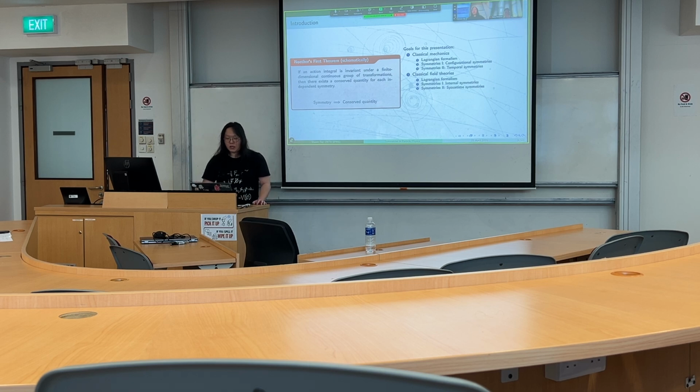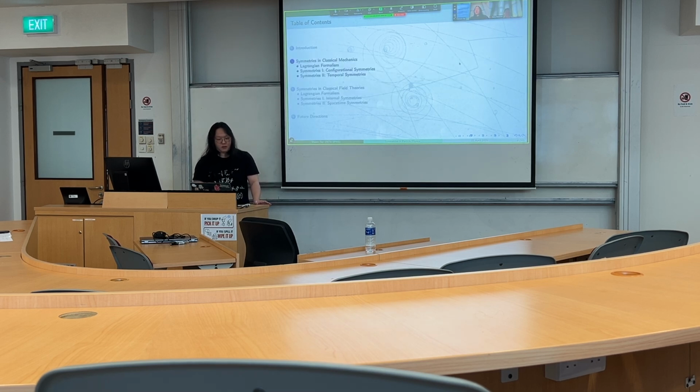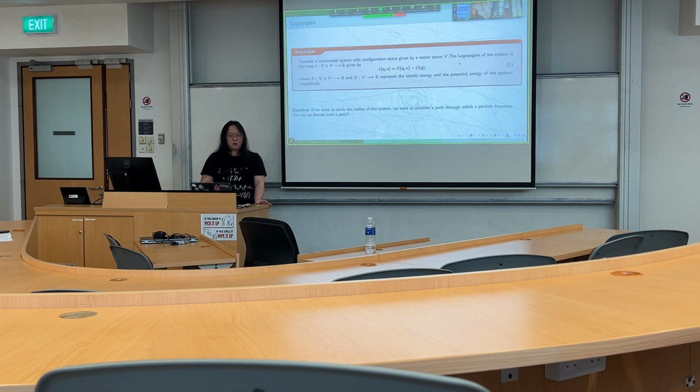So let's begin with classical mechanics. And for this part, I will go slightly faster because I think this is quite well established in physics literature. So firstly, let's just recall what a Lagrangian is. The Lagrangian is basically just kinetic energy minus potential energy of a physical system.